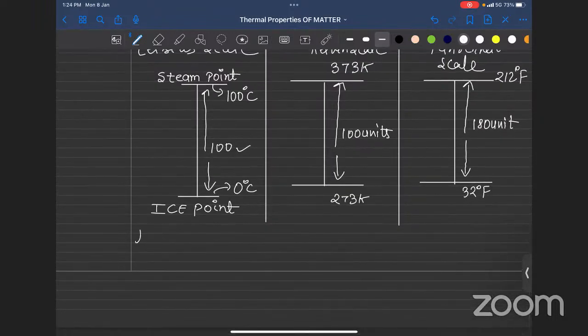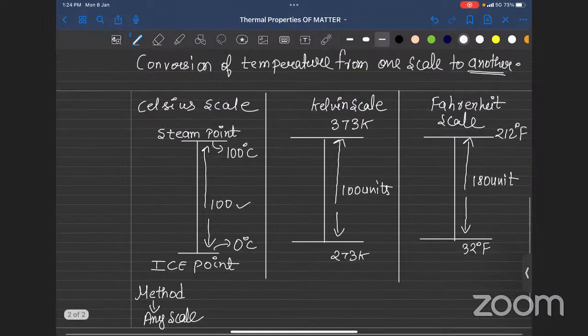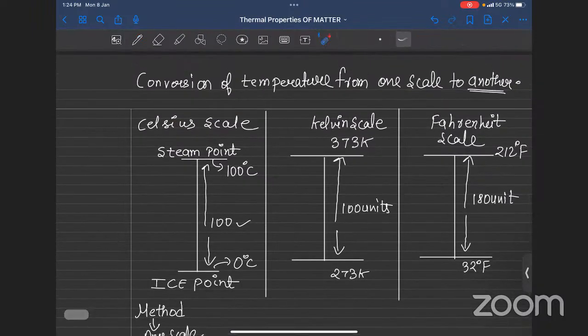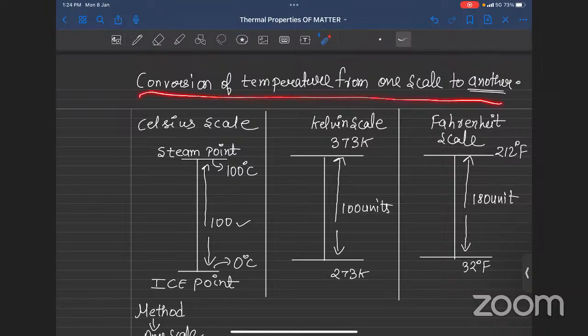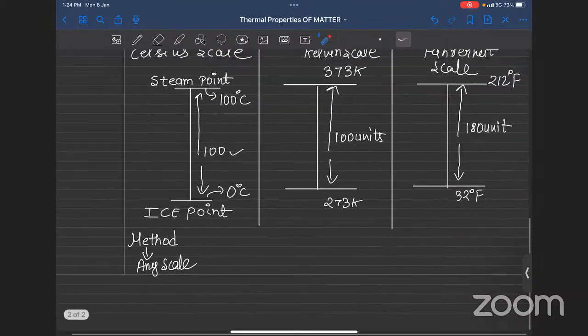Now let us understand the method that we can apply for any scale so that we can convert temperature from one scale to another. This is our demand here. We need to do this. So how are we going to achieve this? Let us understand.